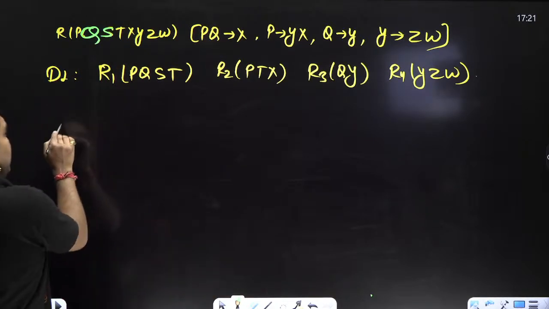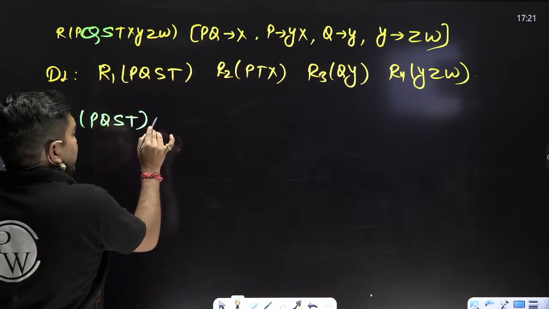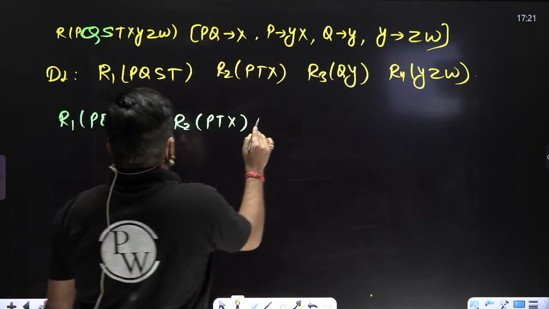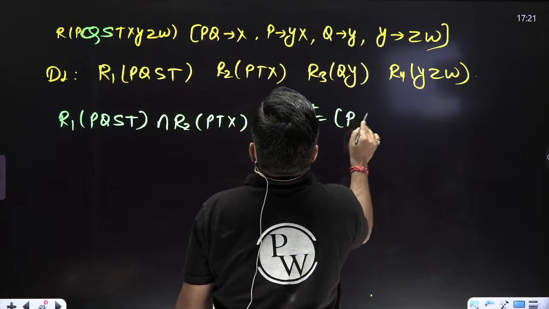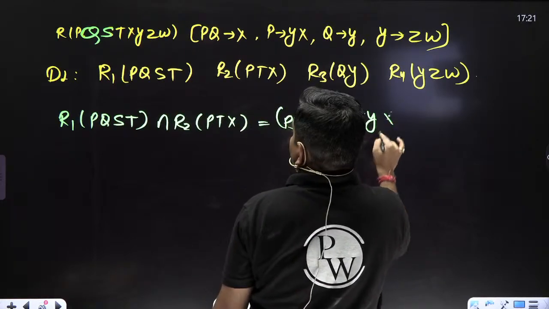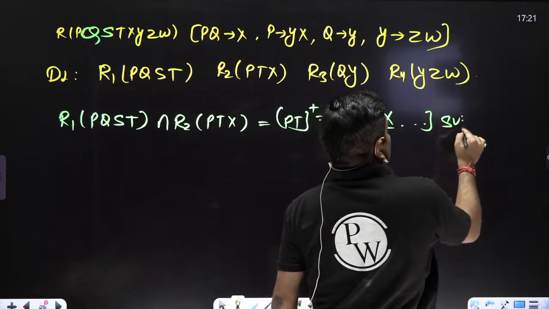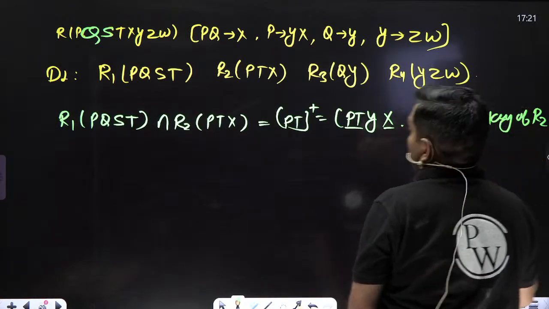Now listen. R1 is what? PQST, and R2 is what? PTX. What is the common attribute? PT. When you take the closure of PT, you are getting PTYX and so on, so you are getting PTX. Meaning to say, it is a super key of R2.